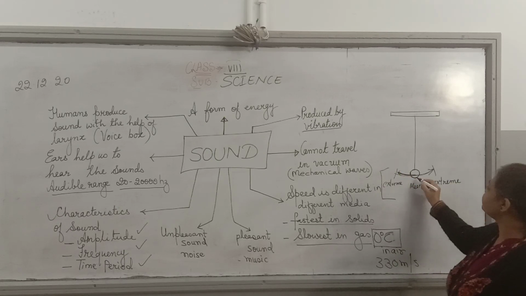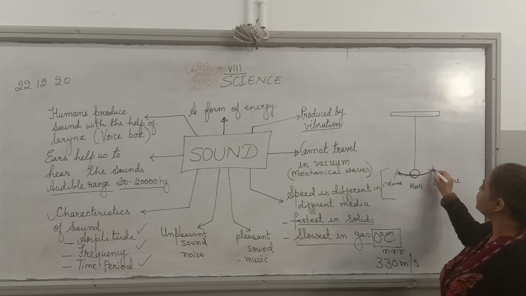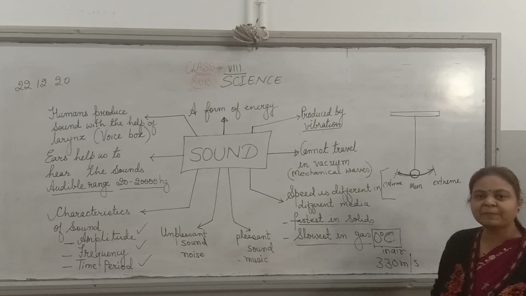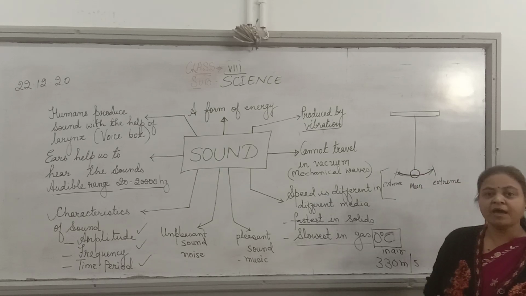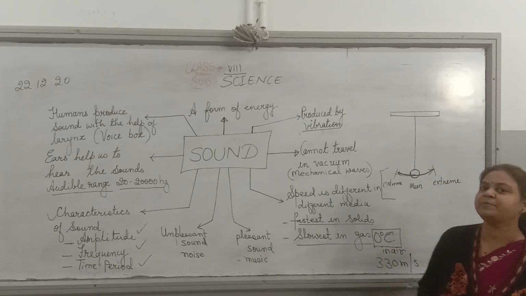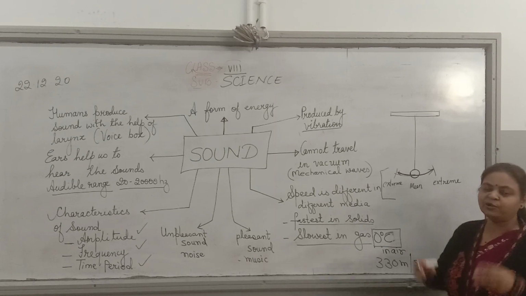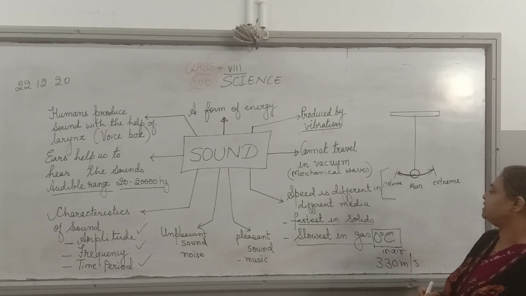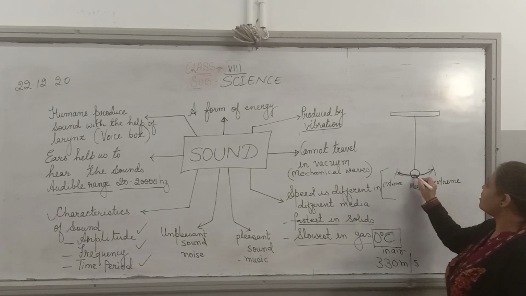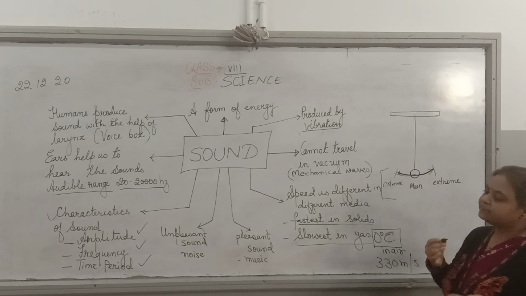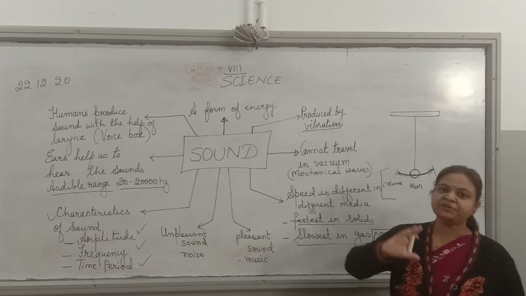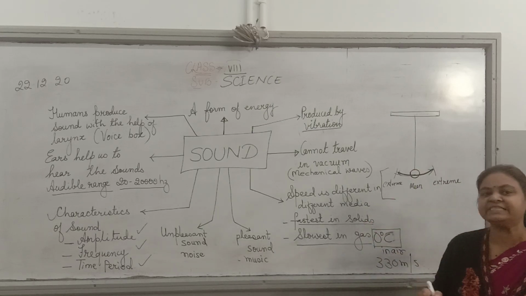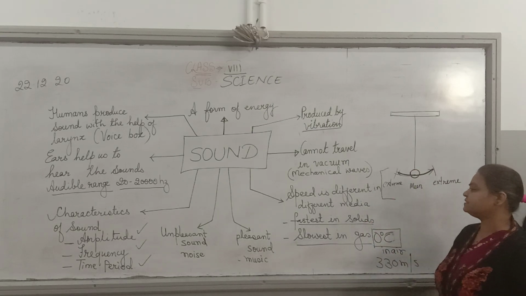Okay. So the maximum displacement from the mean position is called amplitude. Okay. Higher the amplitude, louder will be the sound, and lower the amplitude, softer will be the sound. So how much amplitude the sound wave is having decides the loudness of the sound.